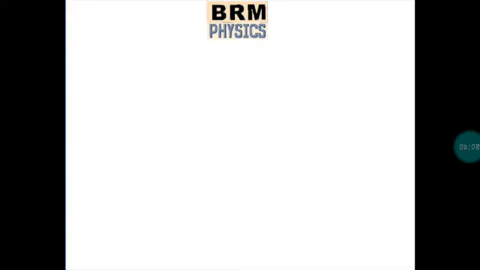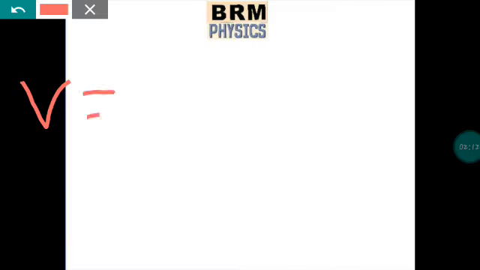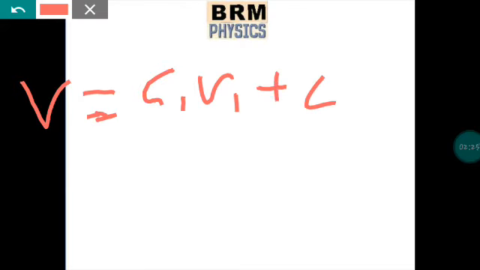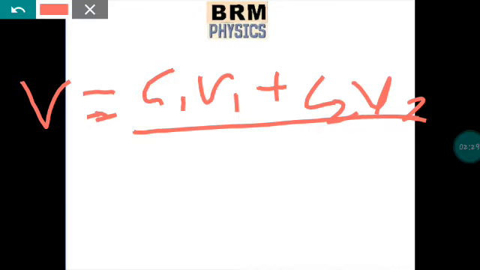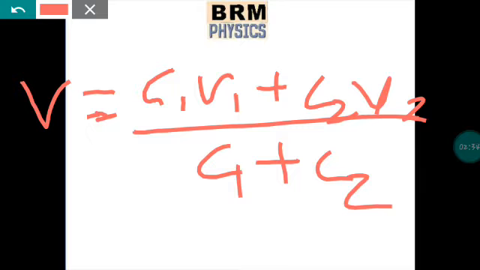Understood? So first of all we will put Q for both the capacitors. V is equal to, Q means CV, so for the first capacitor it will be C1 V1, and for the other capacitor it will be C2 V2, upon C1 plus C2, because they are connected in parallel.